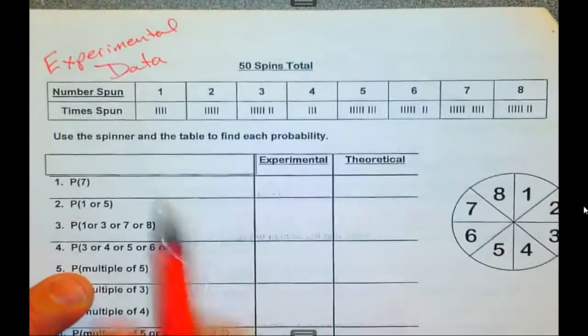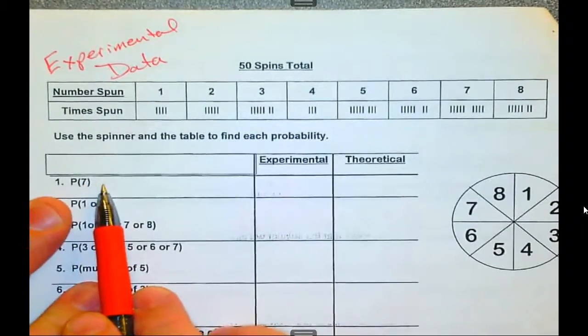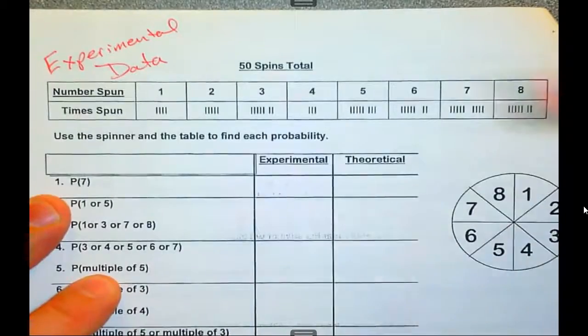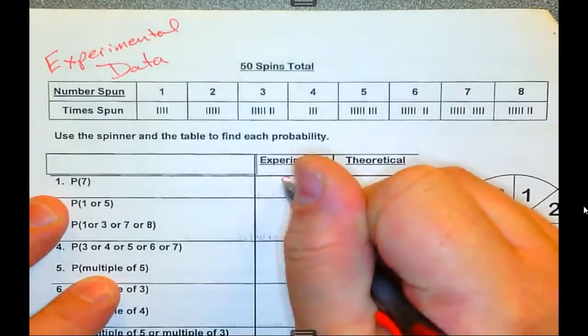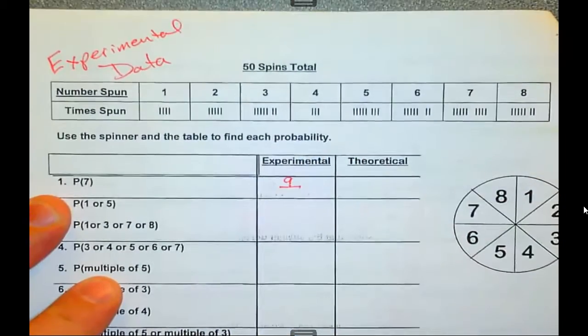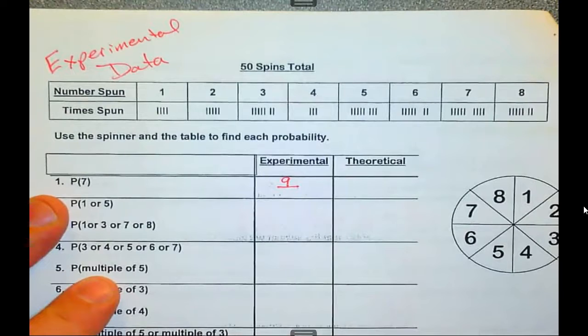Okay. The probability of getting a 7, experimental, let's see, I'm assuming that's 5 and 4, so 9 out of, how many spins? Oh my gosh, we got to count them.